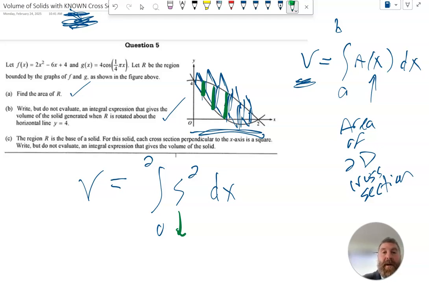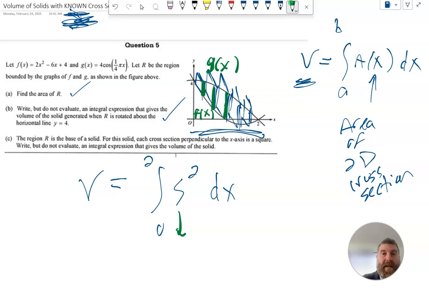Here's how we're going to think about it. This whole length here, if I work from the x-axis all the way up to the top function. Now remember, the top function is the cosine. Maybe I'll remind myself that the top function is g and the bottom function is f. But if I think about this whole length, it would be the output of g.